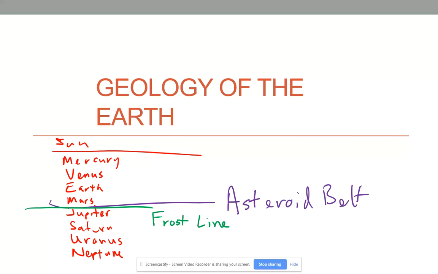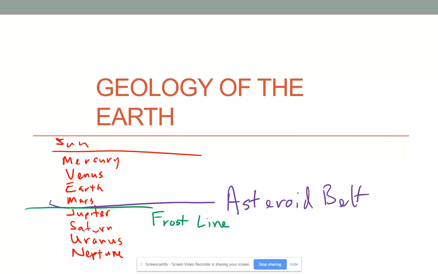Why is that important? In the early stages of planet formation, if you're beyond the frost line, you could have molecules of things like water or methane come together and stick together. But if you're closer than the frost line, they won't. They just come together and bounce off of each other.